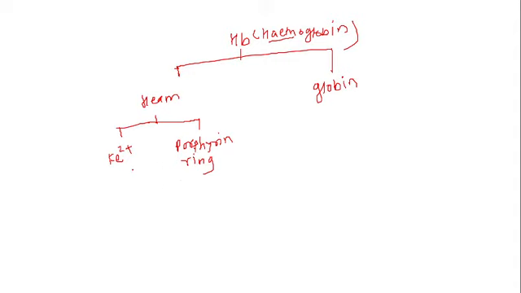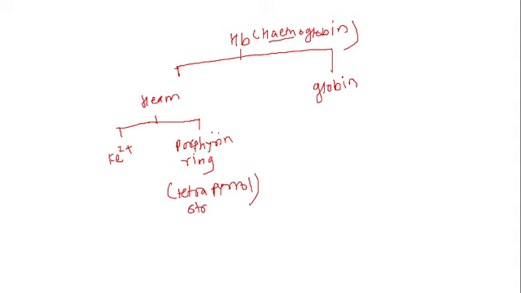What is the porphyrin ring? It is a tetrapyrrole structure. Okay, I hope you understand what is going on. So hemoglobin is divided into two parts, heme and globin.